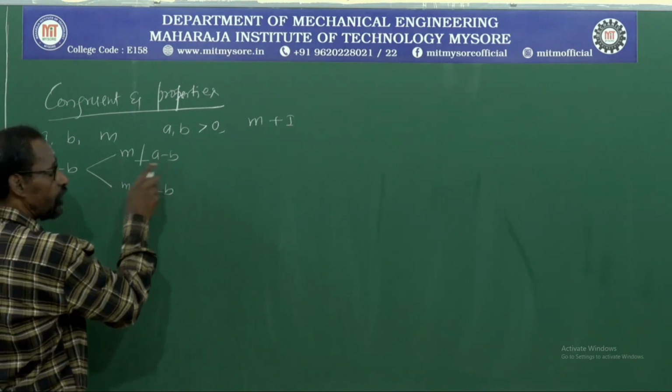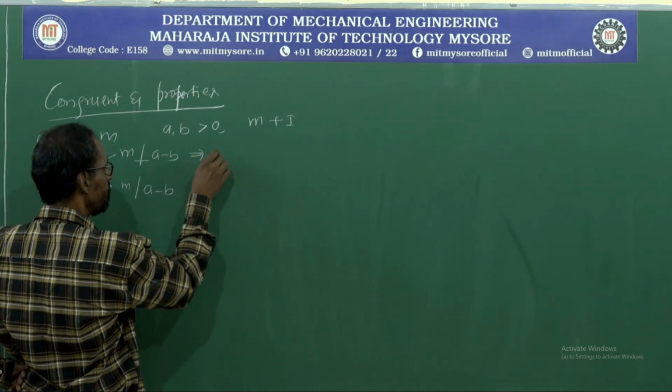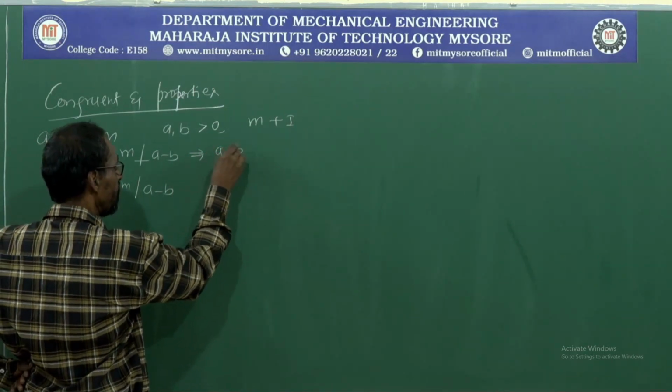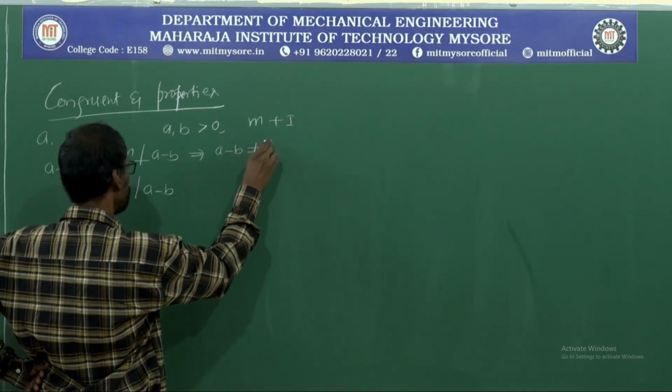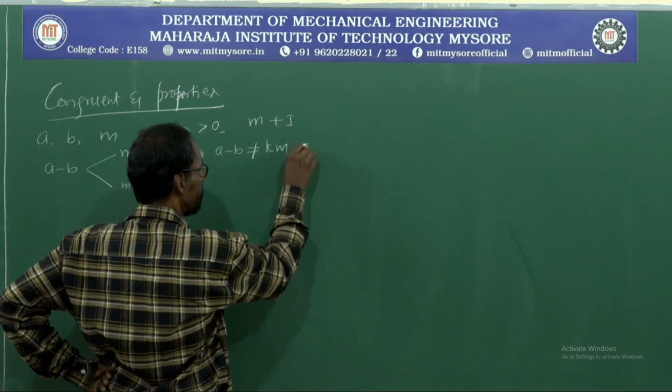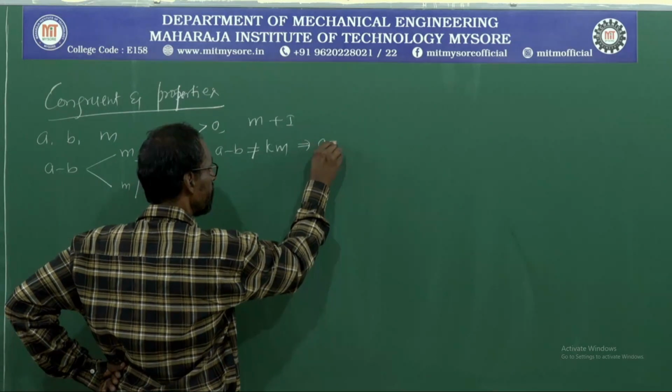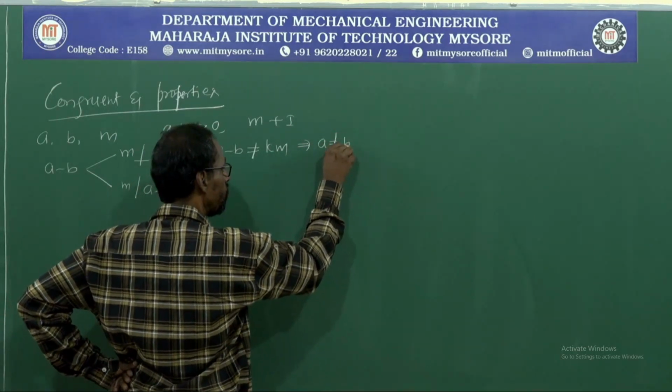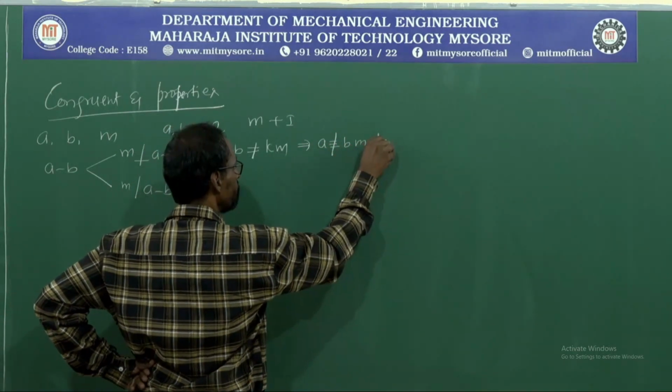If m does not divide a minus b, then a minus b cannot be expressed as k times m. This implies a is not congruent to b mod m.